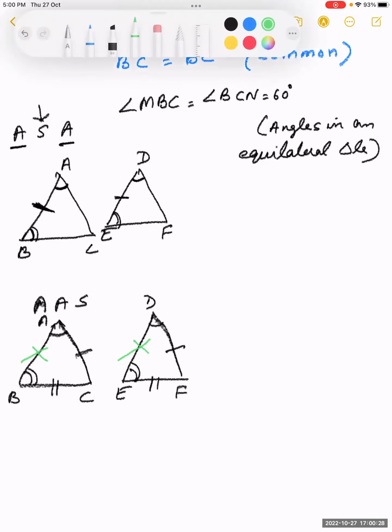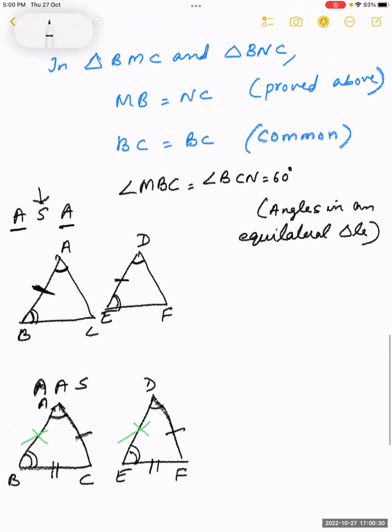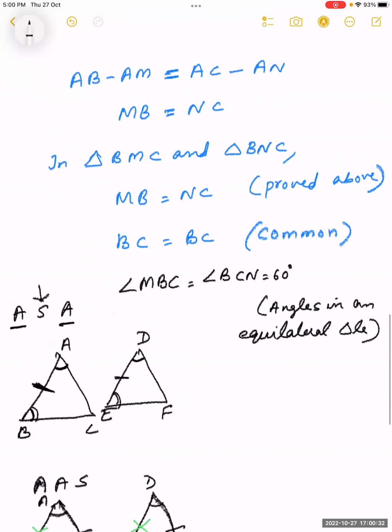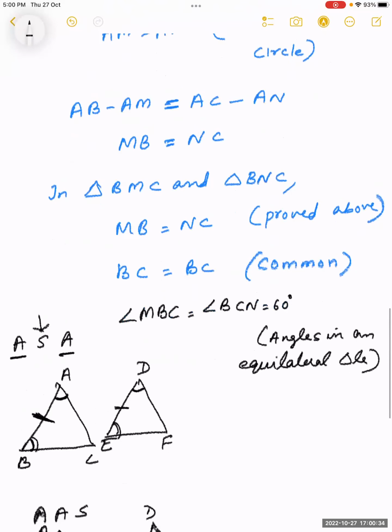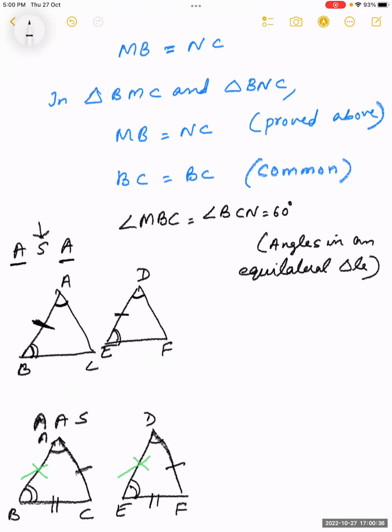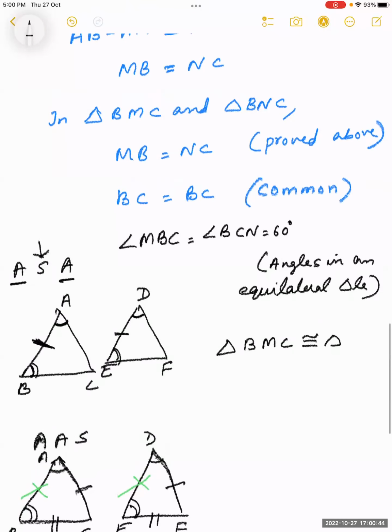Okay, so coming back to our original question, we have got 3 points here, which shows that triangle BMC is congruent to triangle CNB. I told you whenever you name it, you have to follow the proper naming convention.